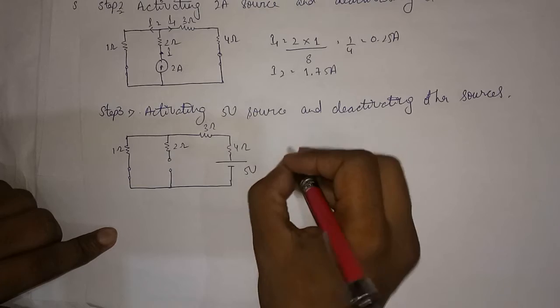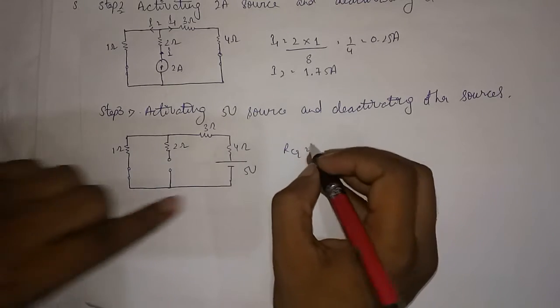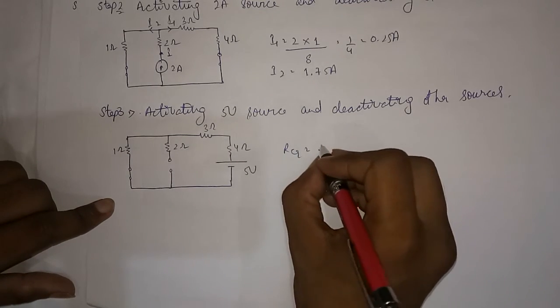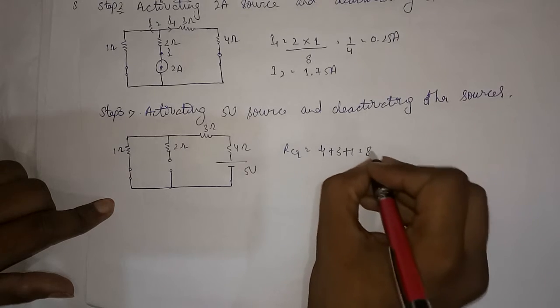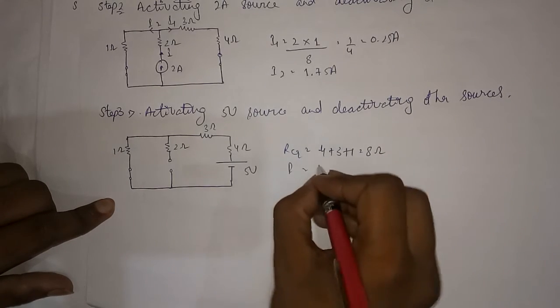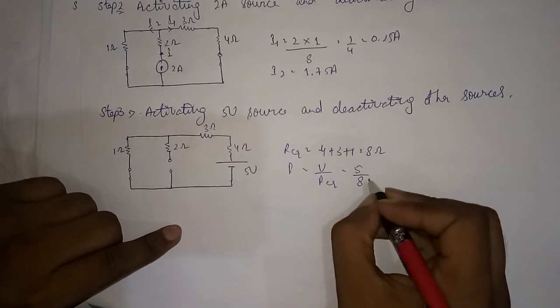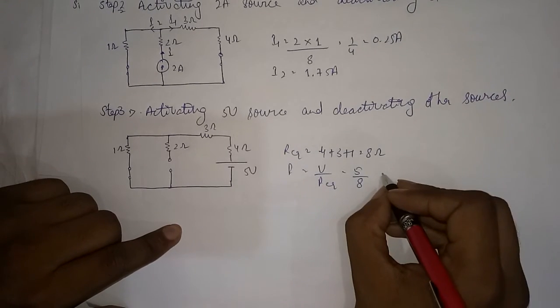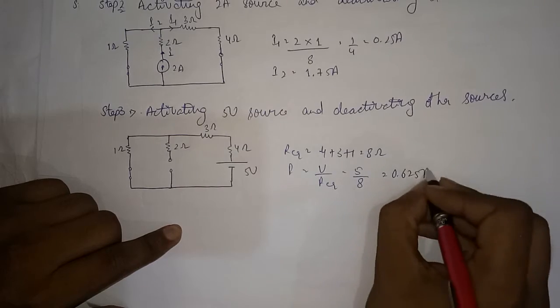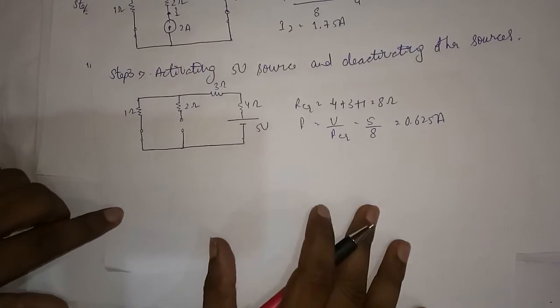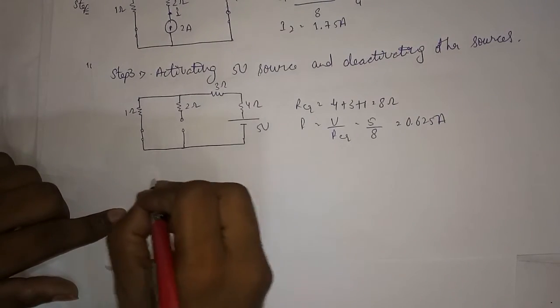So we have R equivalent equal to 4 plus 3 plus 1, which is equal to 8 ohm. So current becomes V upon R equivalent, and V is 5 upon R equivalent 8, which is equal to 0.625 ampere.